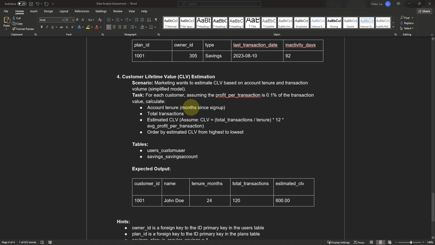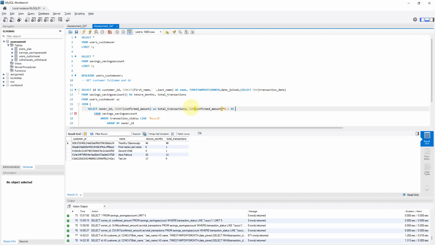I'll say as profit per transaction, or just a total profit, transaction profit also. I don't know how to use nomenclature. So total transaction profit, I think.